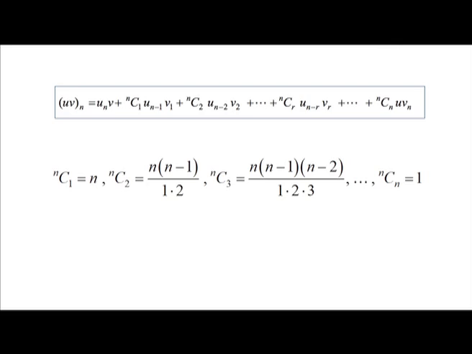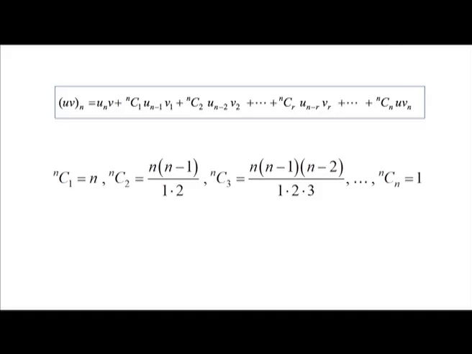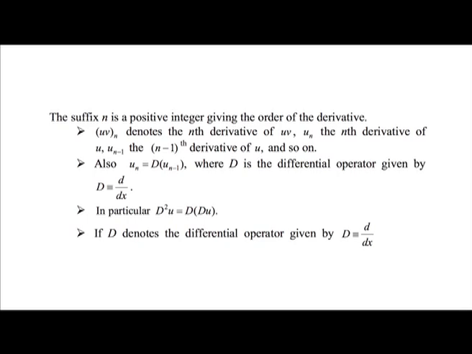The notations used in the Leibniz theorem have the following definitions: nc1 equal to n, nc2 equal to n into n minus 1 divided by 1 into 2, nc3 equal to n into n minus 1 into n minus 2 divided by 1 into 2 into 3, etc., ncn equal to 1. These are known as binomial coefficients. The suffix n is a positive integer giving the order of the derivative.